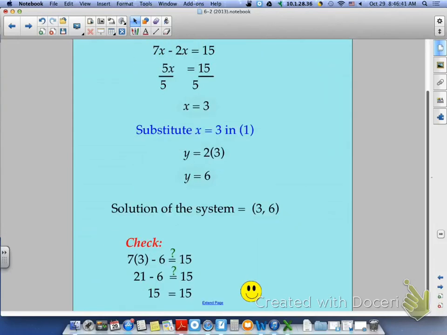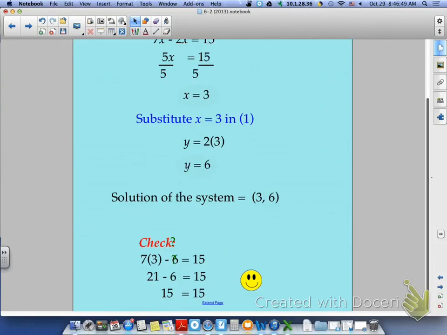So I'm using 7 times 3 minus 6 should equal 15. So I have 21 minus 6 should equal 15, and 21 minus 6 is 15, which equals 15.